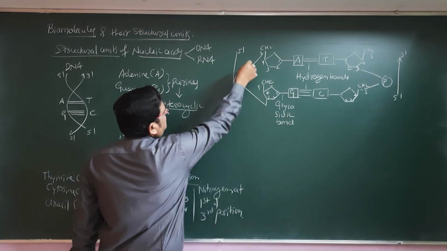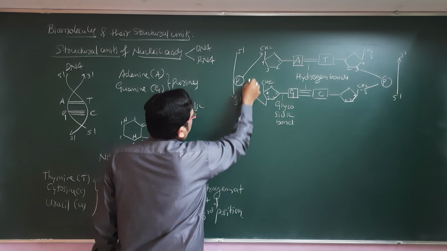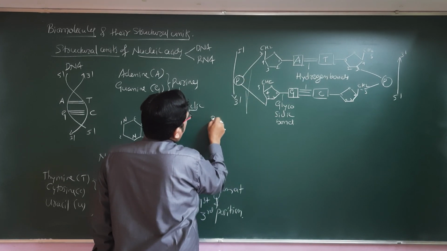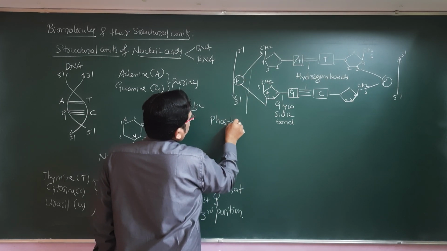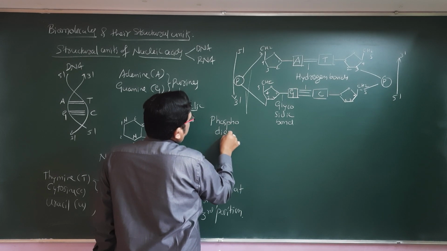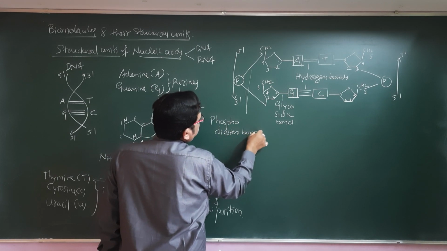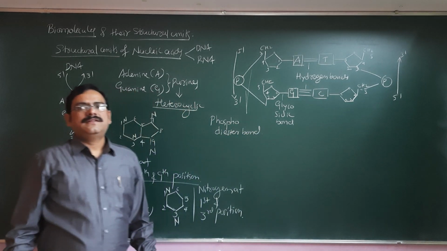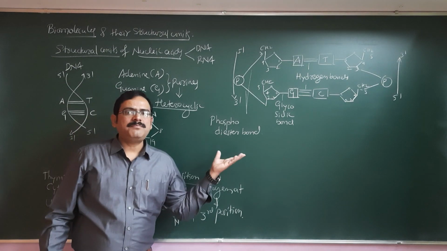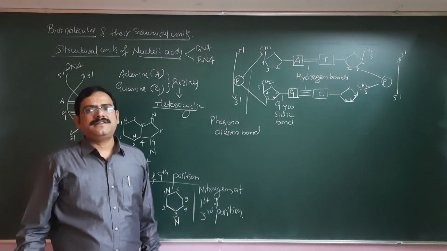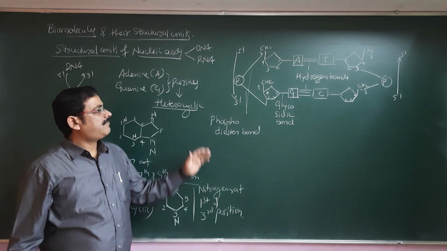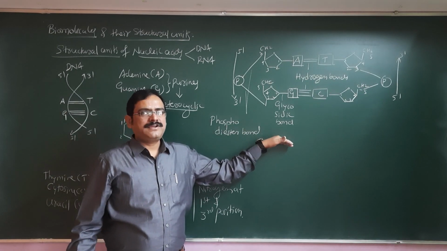And what is this? This is the phosphodiester bond. These are the three important types of bonds that can be seen in the DNA: the phosphodiester bond, the glycosidic bond, and the hydrogen bond.